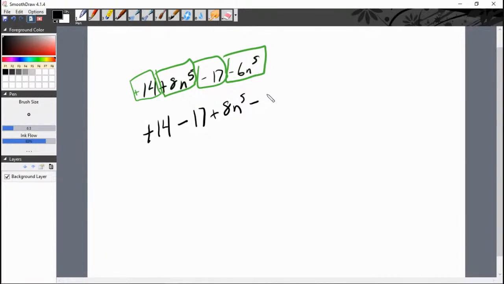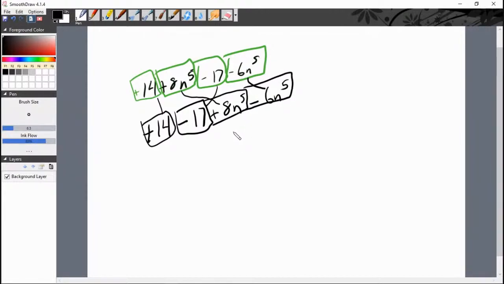Then we rewrite negative 6n to the 5th power, right? And you'll see that this was brought down here, this was brought over here, this is brought here, and this is here. And it's the same. The same signs are being used to get your answer.